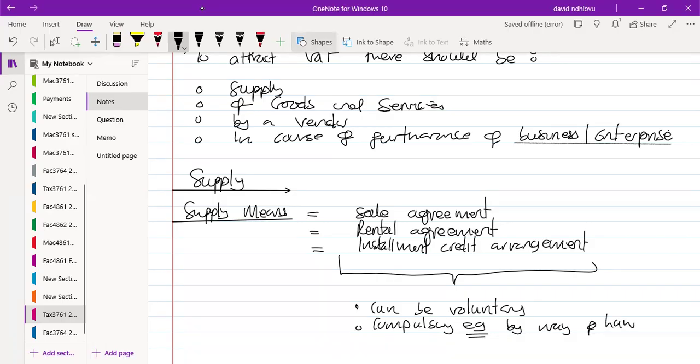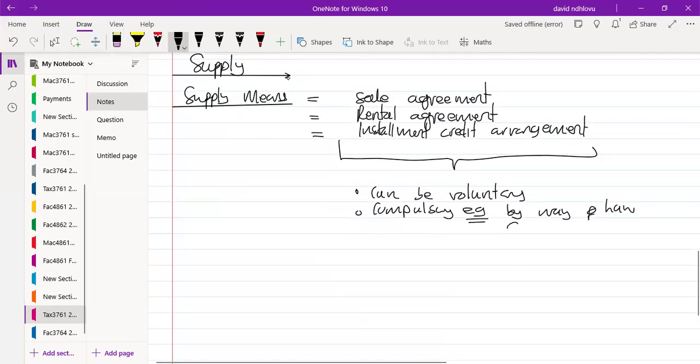An example of this would be expropriation, or an enforced sale. For example, a company may be forced to dispose of some assets to settle a debt. It's a requirement by law. It's not voluntary, but it doesn't really matter. A sale has taken place, so we must be very clear that a sale is not only something that is voluntary. It can be enforced by law.